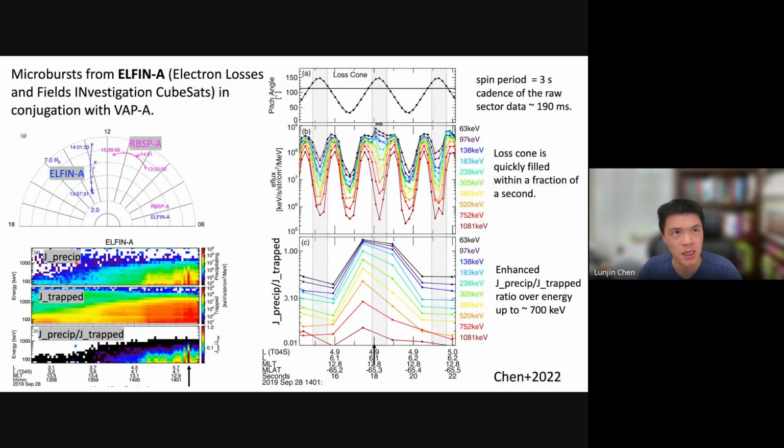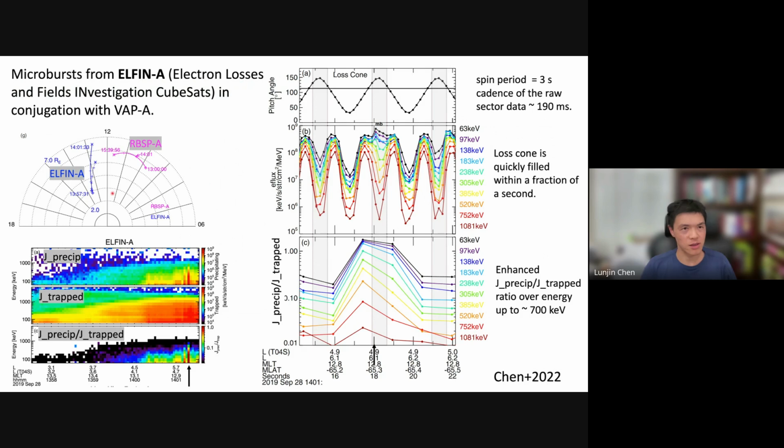Okay. So let me give you an example of the study to illustrate how we model the electron microbursts. This is one of ELFIN's observations. ELFIN is a CubeSat at about 500 kilometer altitude.